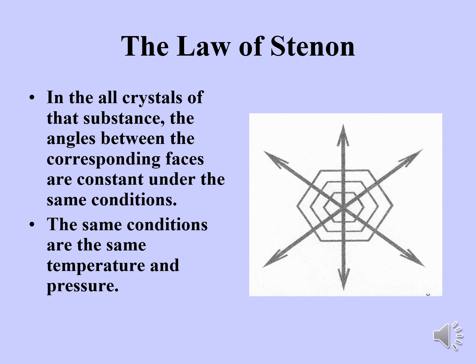The same conditions means the same temperature and pressure. This is a quantitative law of crystallography discovered by Nicolas Steno in 1668. It is the first and the most important law of crystallography. Another name of this law is the law of constancy of angles.